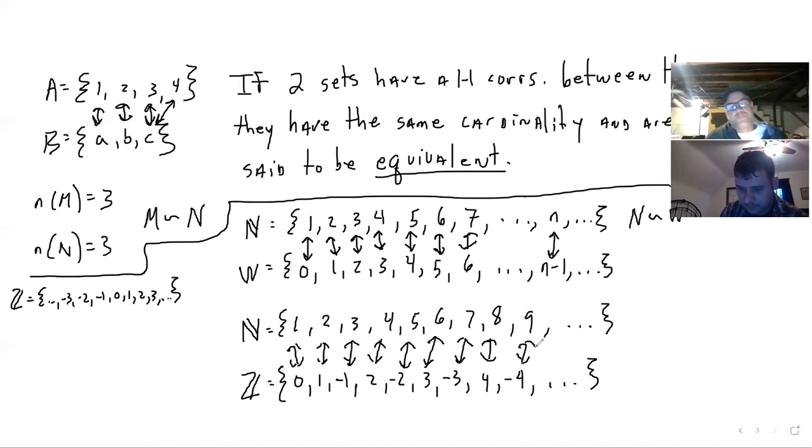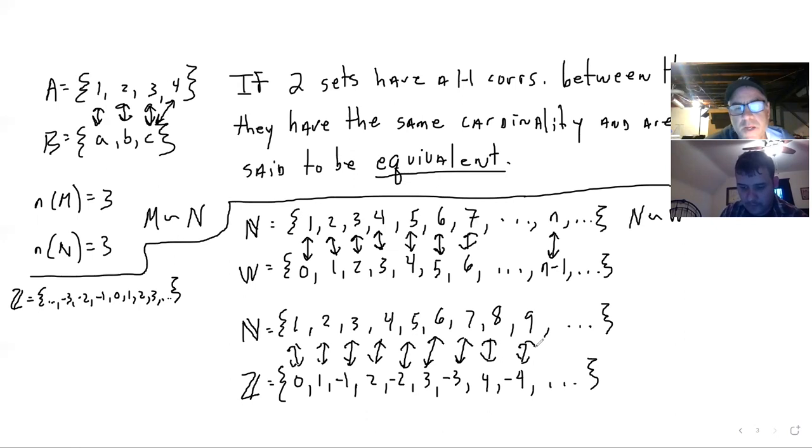Okay. Now remember, as long as you give me whatever natural number you want, I can tell you exactly the one integer to which it corresponds. And vice versa, we have a 1-to-1 correspondence between these two sets.